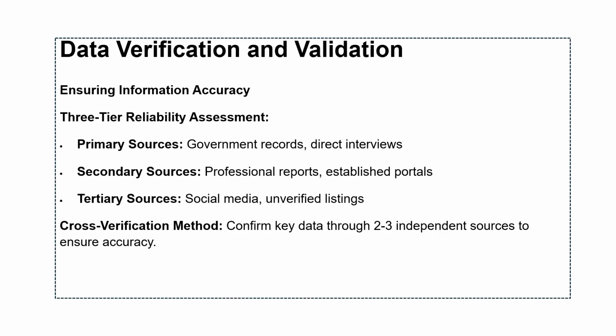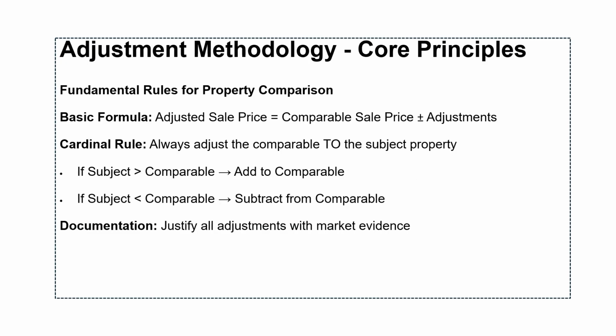Then we have secondary sources, professional reports, established portals. Tertiary sources, social media and verified listings. So basically a combination of them, a cross verification method, where we use multiple data points and cross verify, and then we come to ascertain the actual value we will go with. Then we have adjustment methodology, which is the core principle here.